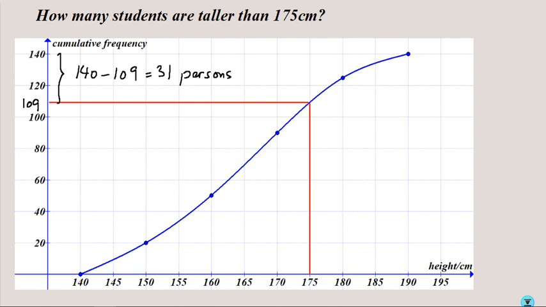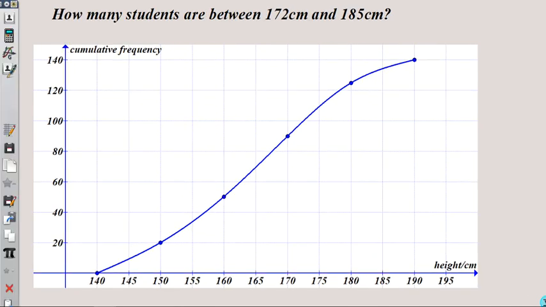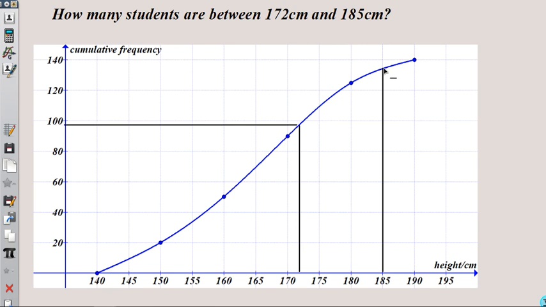Let's try something else. How many students are between 172 and 185 centimeters of height? Well, in this case, we do the same process, but we draw two lines from 172, which is approximately here, and from 185, and then we draw our horizontal lines. And we read off the values from the axes.